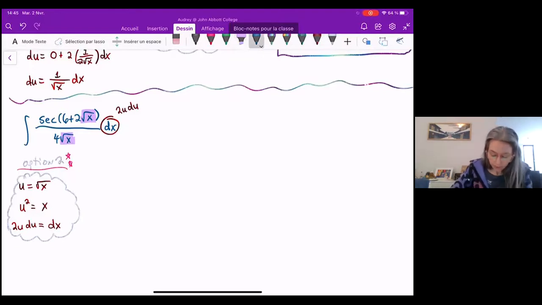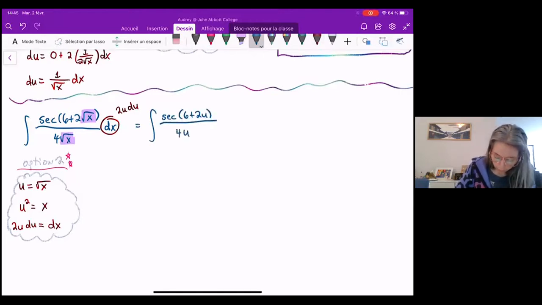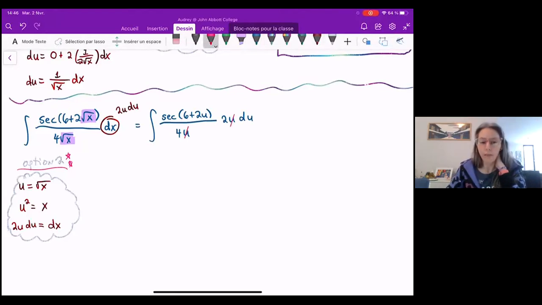So when I rewrite this, I'm going to have secant of 6 plus 2u over 4u, times dx, which is 2u du. And now what I see is that u in the denominator actually cancels out with the u that I have right there.